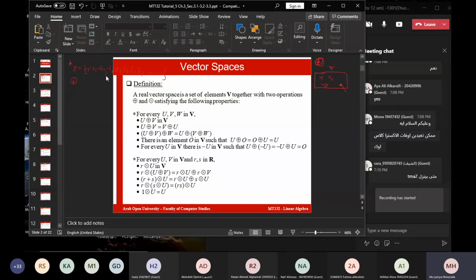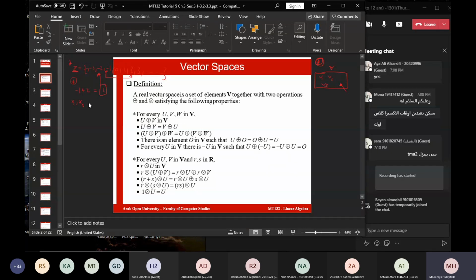If you take any two numbers, for instance minus 1 and 2, is the result among these numbers or not? For example minus 1 plus 2, what is the answer? It is 1. Is 1 a member of this set? Yes. And this is the same for any x1 and x2 you take from Z.